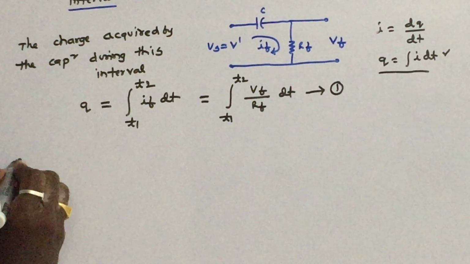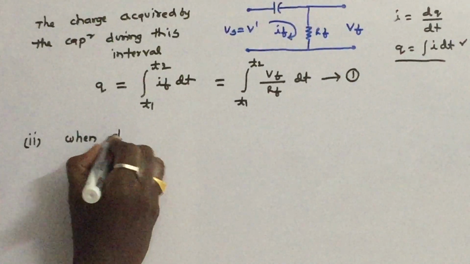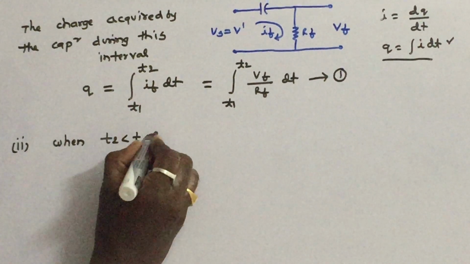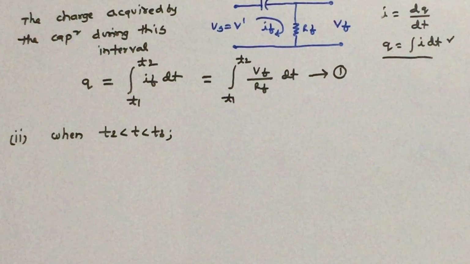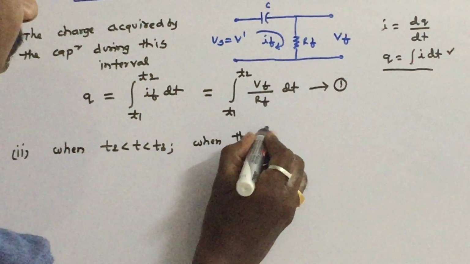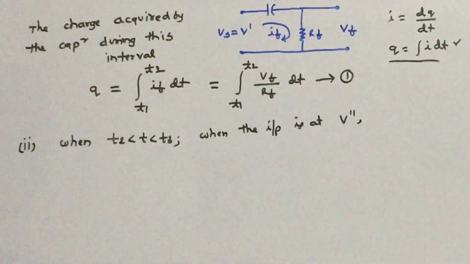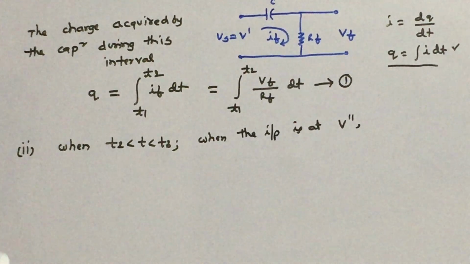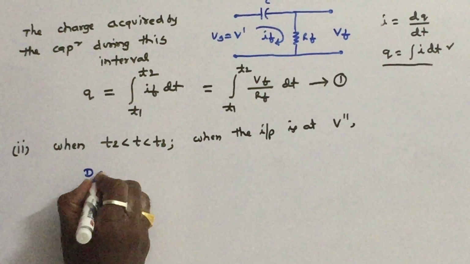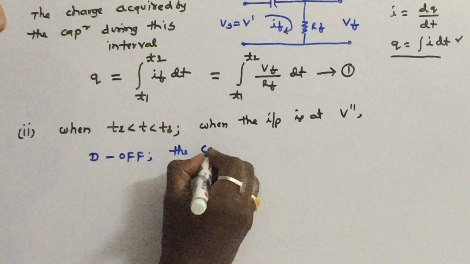So let us take the second case, when T2 is less than T3. That means the input is at V double dash. What is the status of the diode when the input is low? The diode is off. What happens to the capacitor?